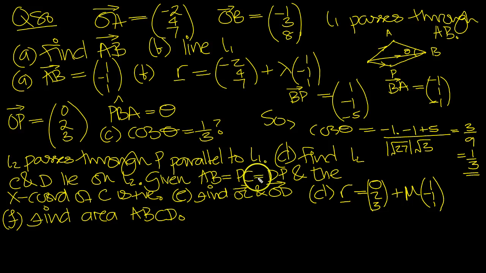Given AB equals PC, AB equals PC equals DP, find L2. So L2 passes through P parallel to L1. So here's L2. And AB is PC.